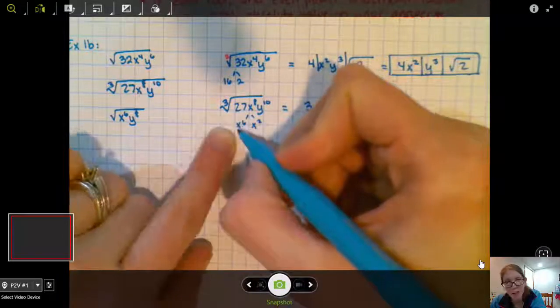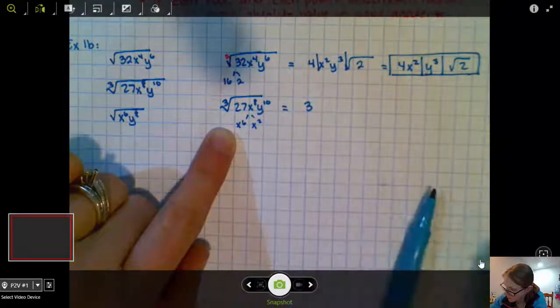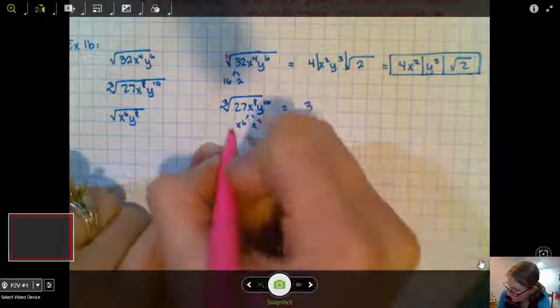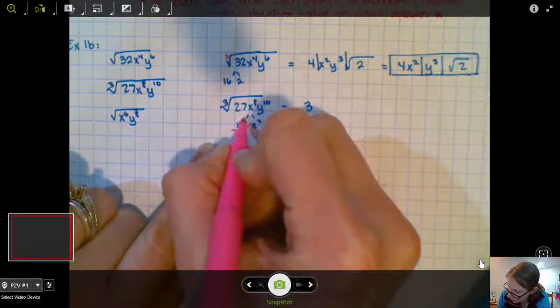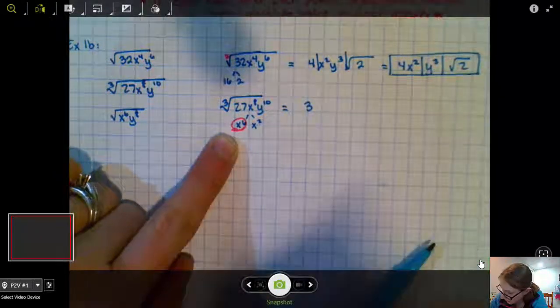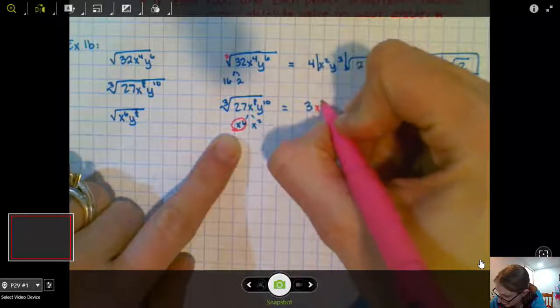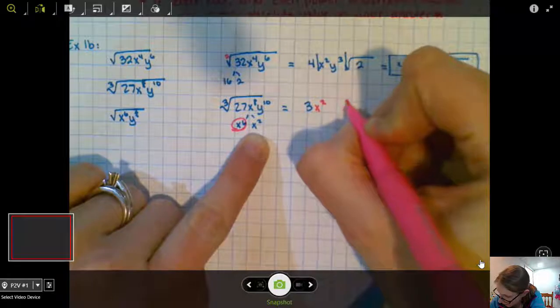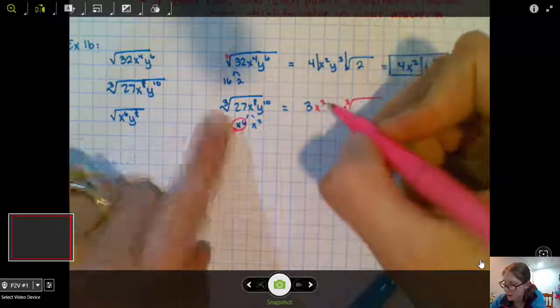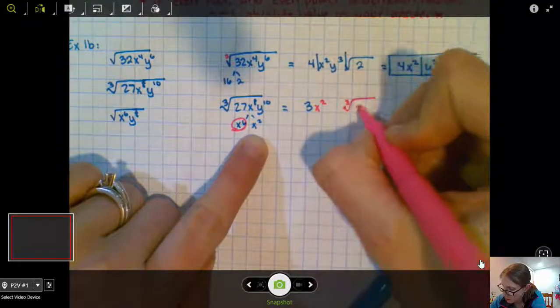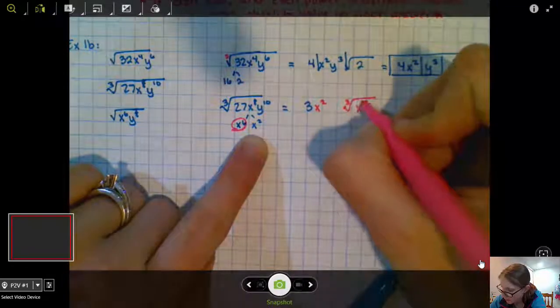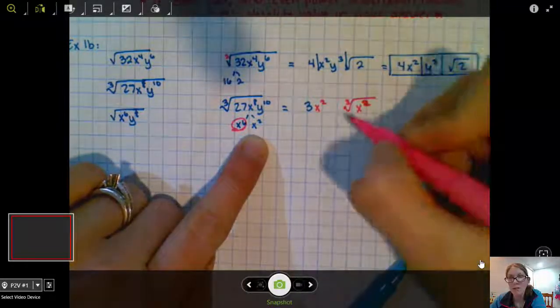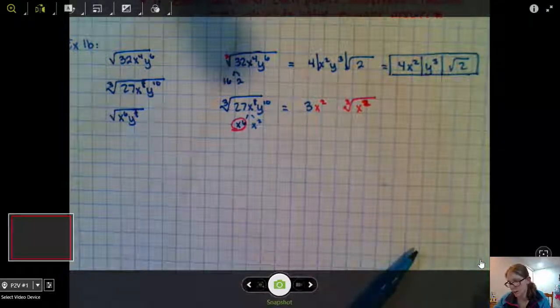And we can cube root the x to the 6th. So using my different colors here, the cube root of x to the 6th would be x squared coming out. And I'd have an x squared underneath. Keep in mind that this is really a cube root, so make sure that cube root gets in there as well. So I'd have the cube root of x squared still over here.